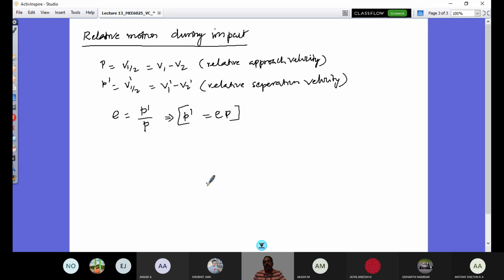So I'm going to explain one by one. Let's just look at case one, where I have two vehicles. This is vehicle 1, M1, and then there's another vehicle, M2.